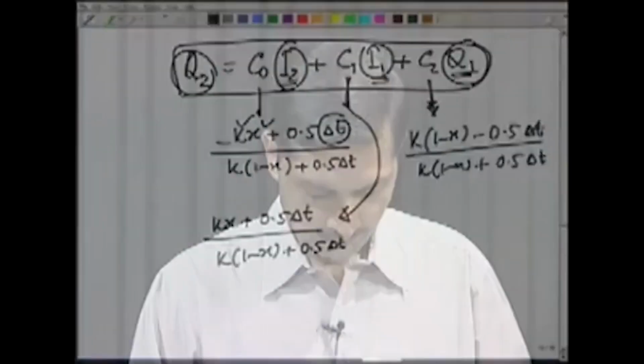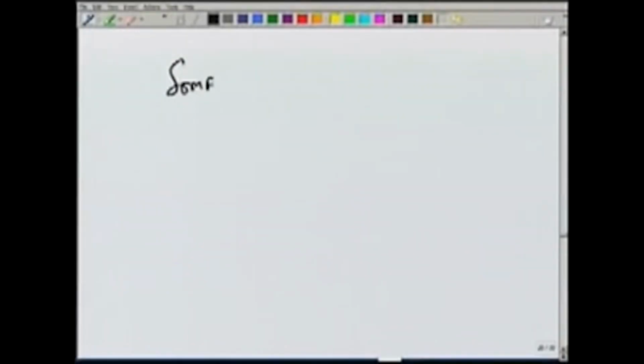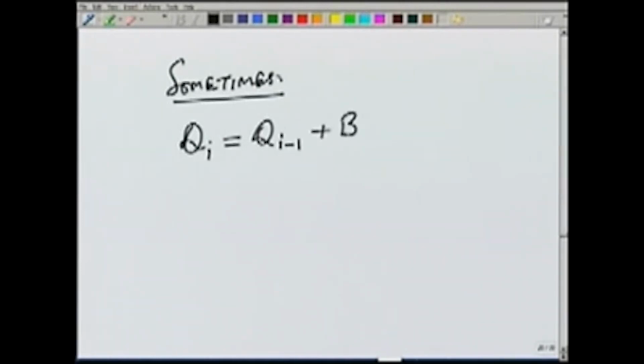Sometimes it is also written in a different form, as Q at any step related to the previous time step value, some constant, and the net inflow before the time step and net inflow after the time step.